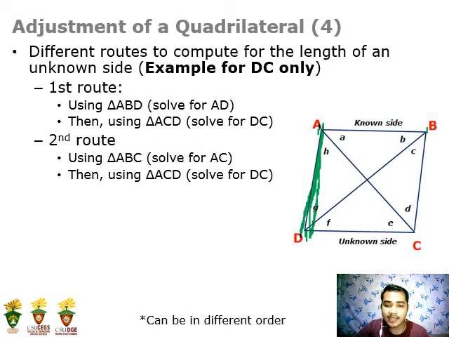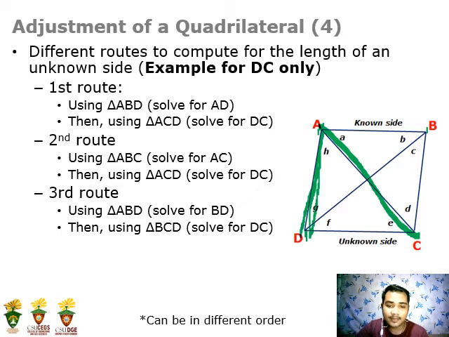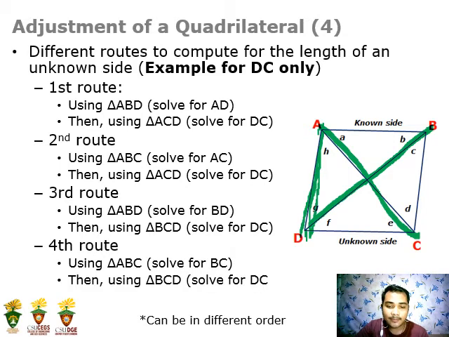Second route is A, B, C to compute AC, which is their common side, to compute the unknown side, which is DC. Third route is to solve for BD, their common side, to solve DC. And lastly, the fourth is to solve for BC, their common side. So that is what I discussed earlier, I just went back.